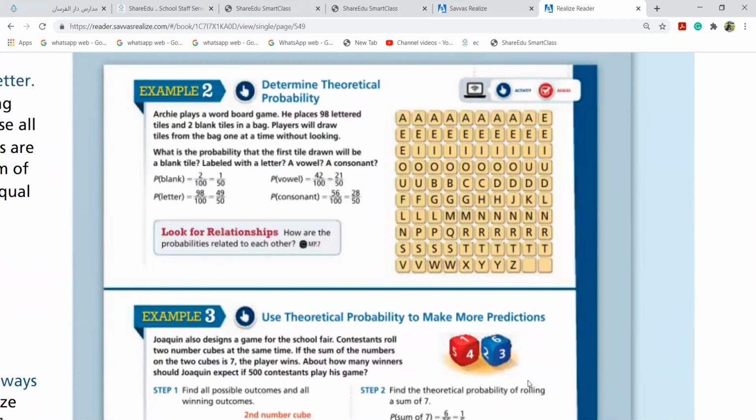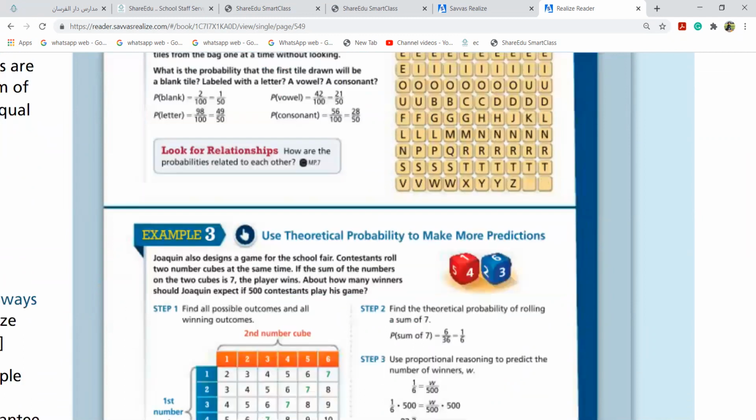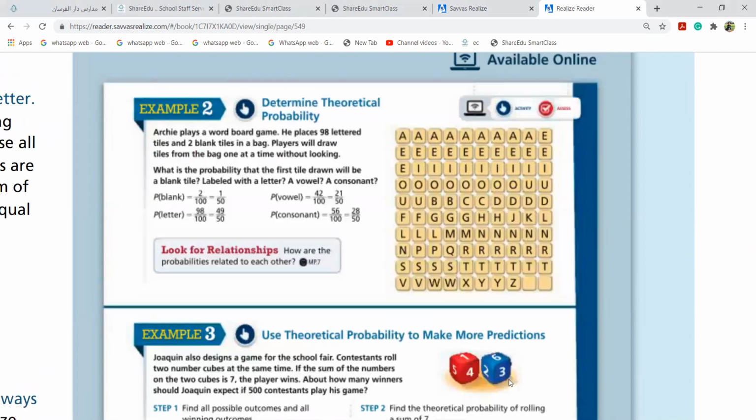Okay, now coming to this question. Example again. Archie plays a word board game. He places 98 letter tiles and 2 blank tiles in a bag.